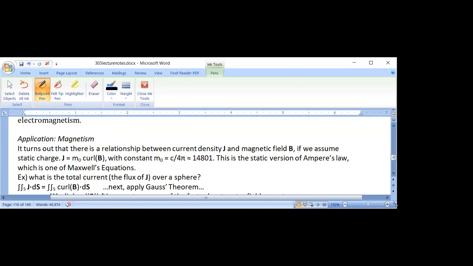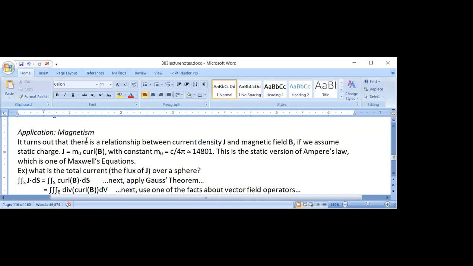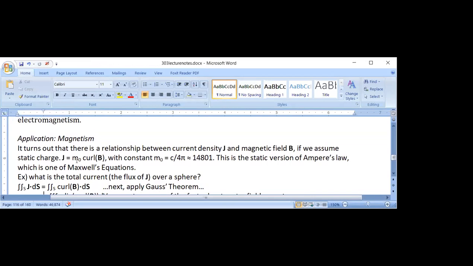And we know that J, by the given relationship, should be M0 times the curl of B. Let's just stick that in there. So it's a constant.